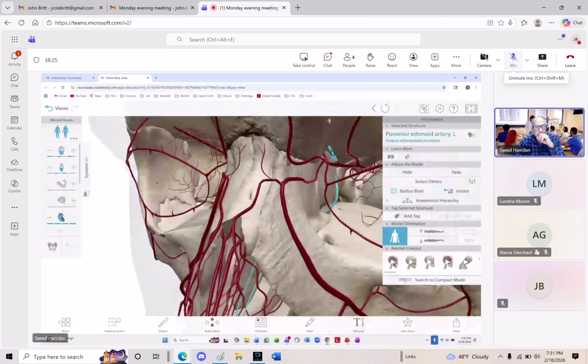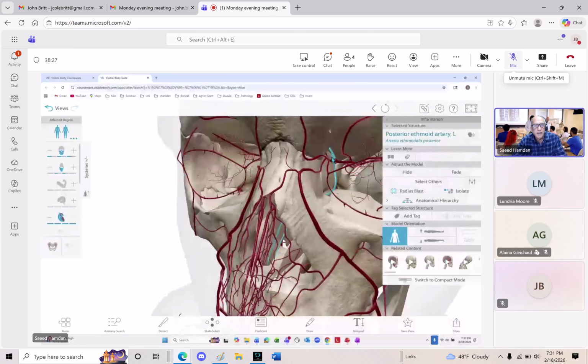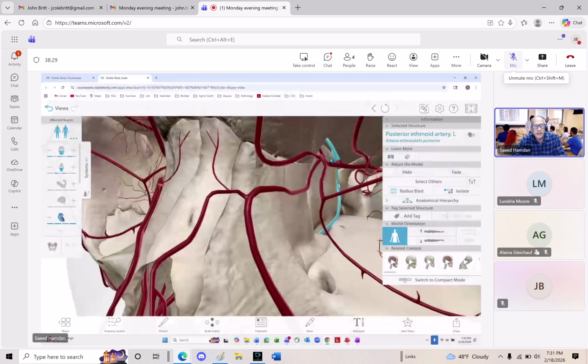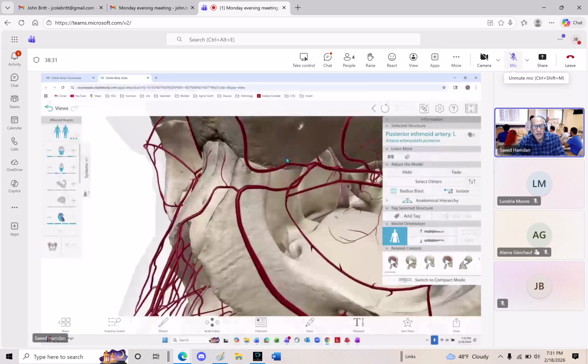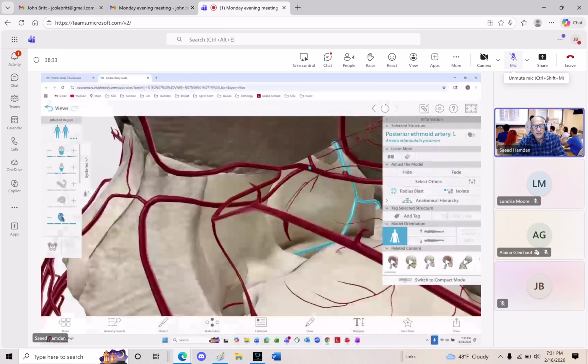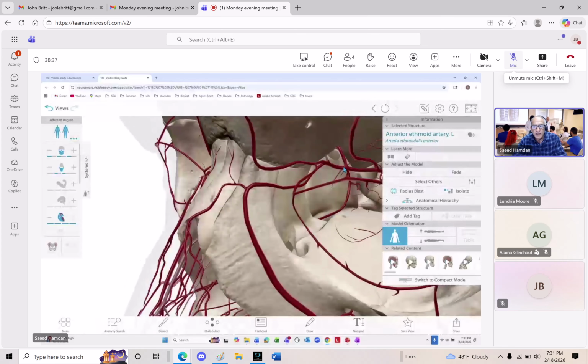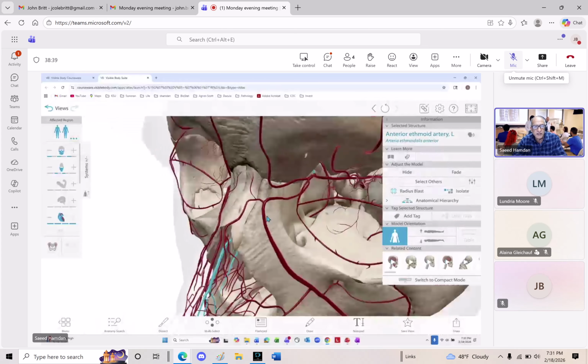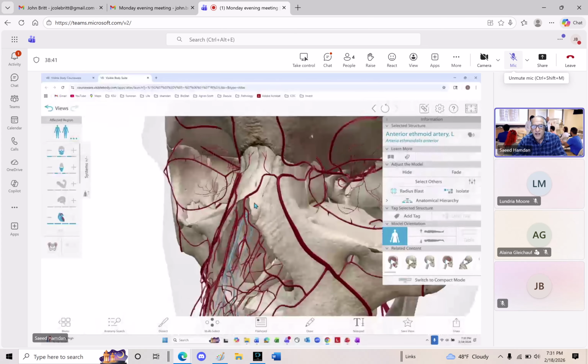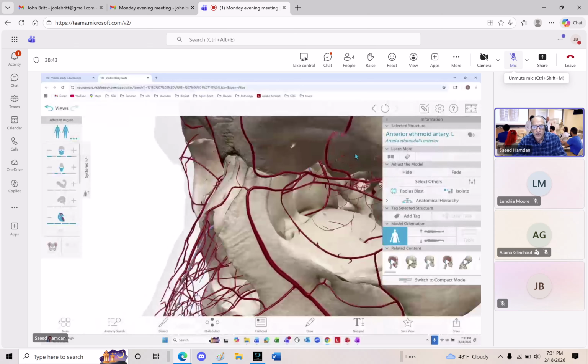This one right there, posterior. You can see they are intertwined because this one here is the last section of the anterior, and this is the posterior. I don't think in the dry lab we even have a model for these arteries. I don't remember seeing them.